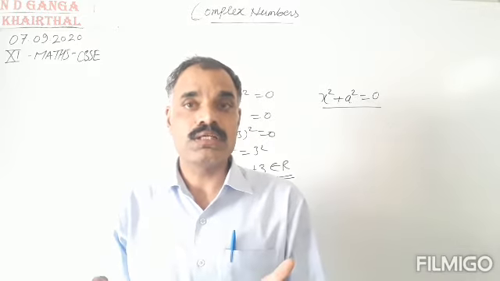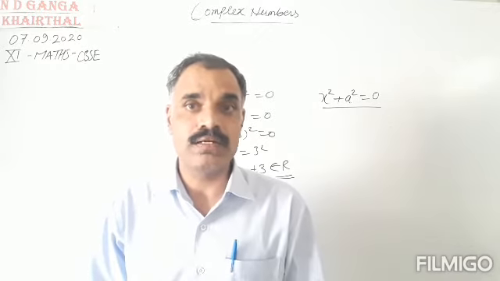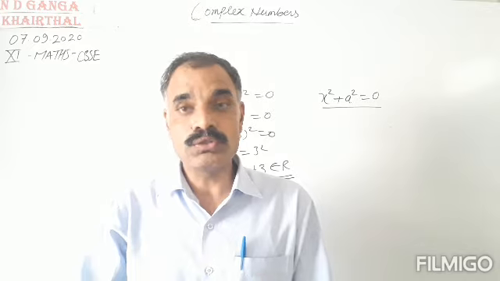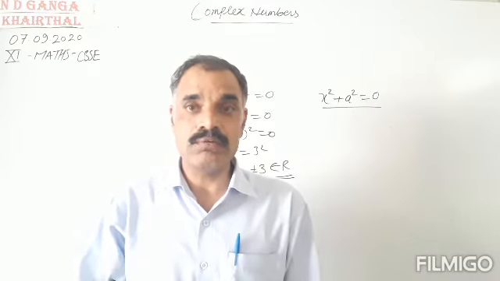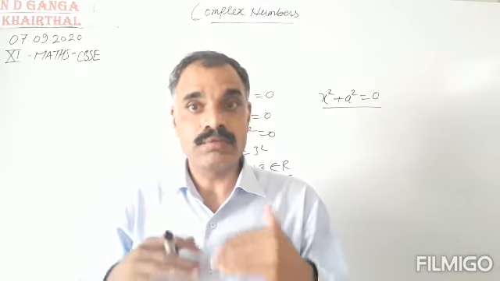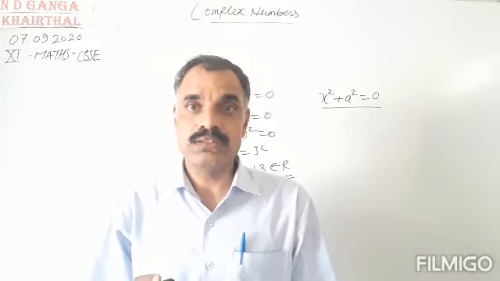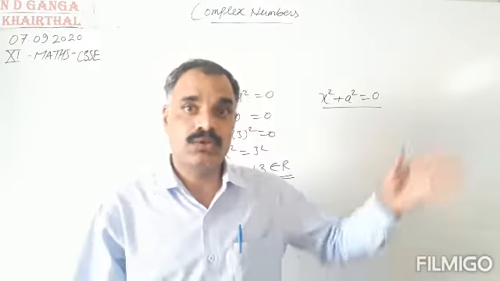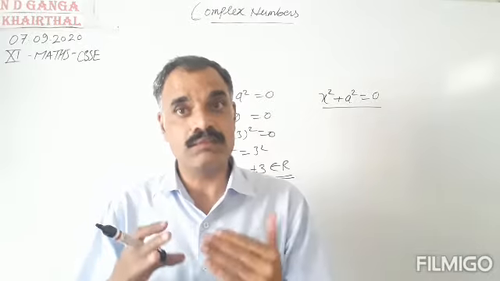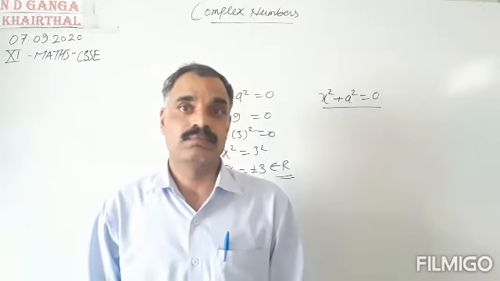So when the solution does not exist in the set of real numbers, we need some other numbers, numbers which can provide us the solution of such type of equation, and those numbers are called complex numbers.